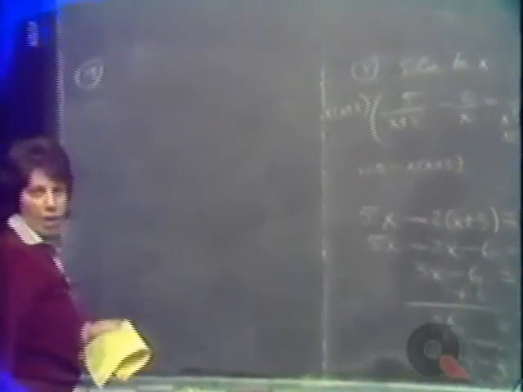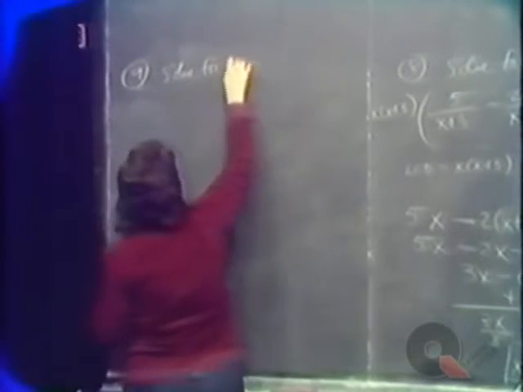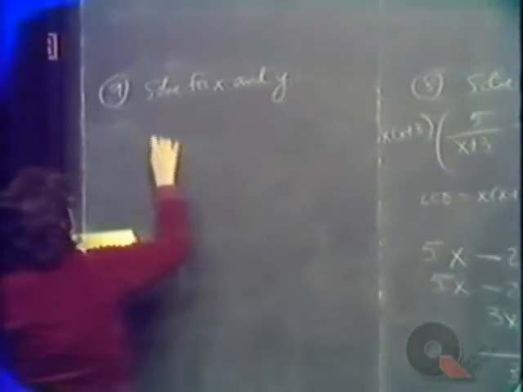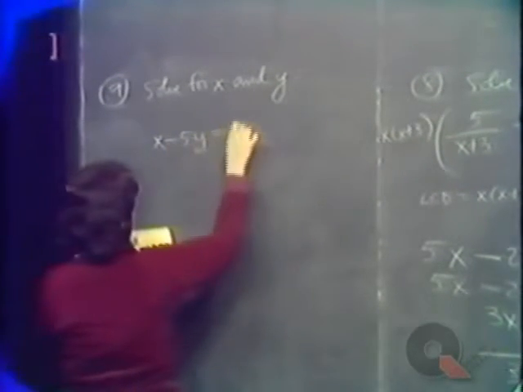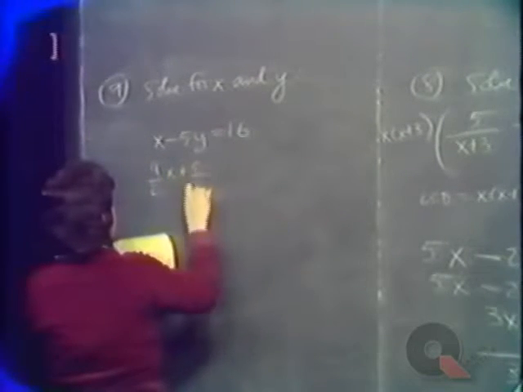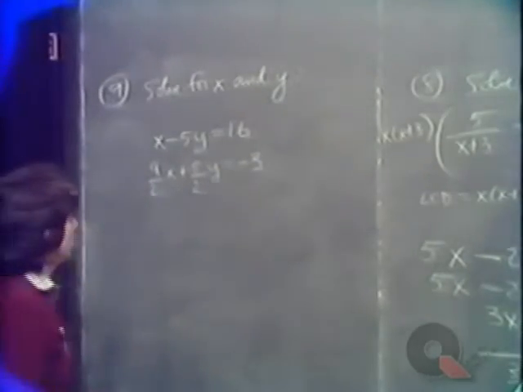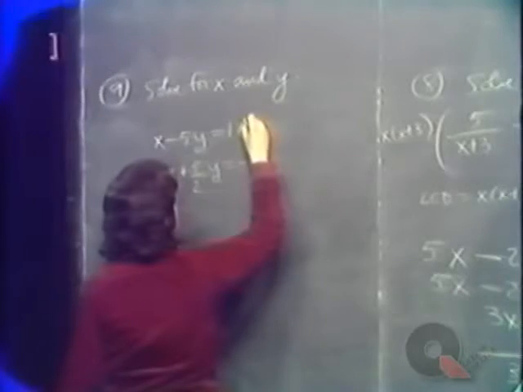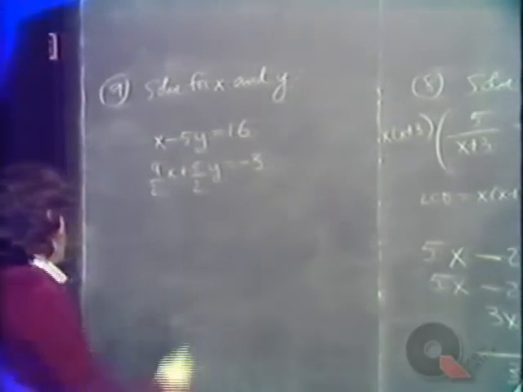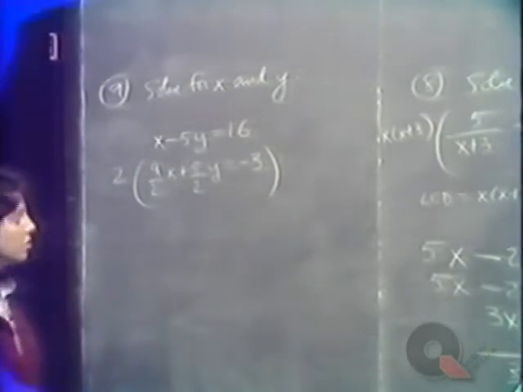In problem 9, we have a system of equations, and we want to solve for x and y. We have x minus 5y equals 16, and 9 halves x plus 5 halves y equals minus 3. As always, I don't like to work with fractions, so on the second equation, I'm going to start by multiplying through by 2 to clear the fractions.